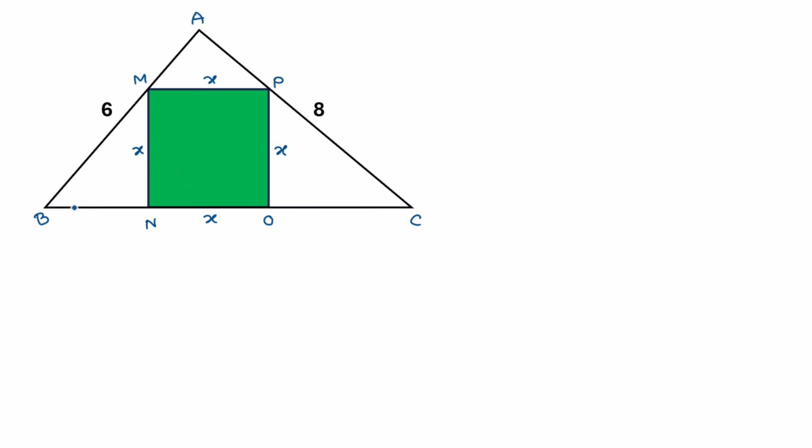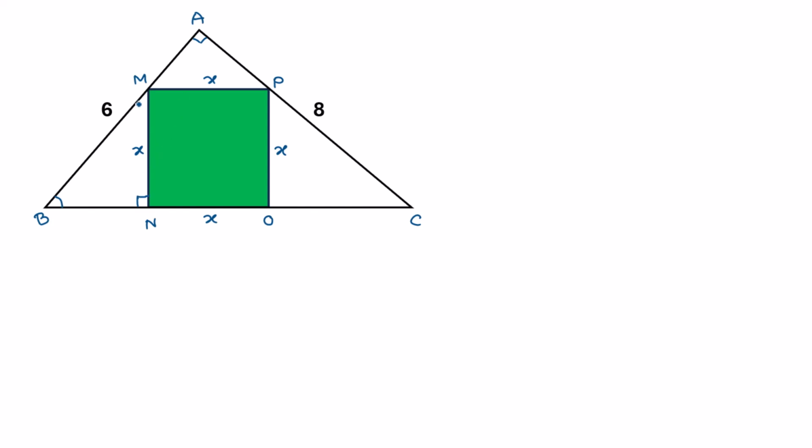At first, focus on triangle BMN, this triangle, and triangle ABC. In these two triangles, the angle B is common, and this angle MNB is equal to this angle because both of these are 90 degree.